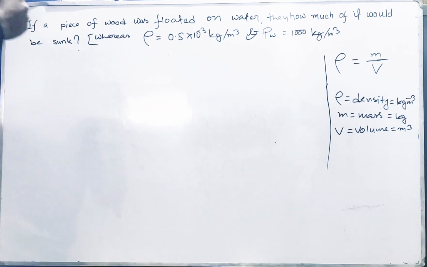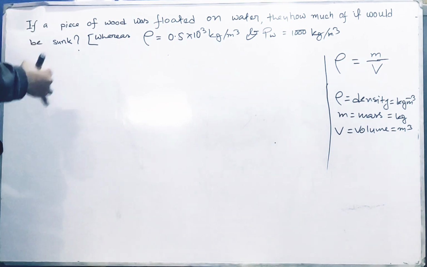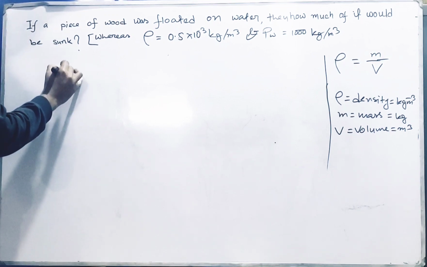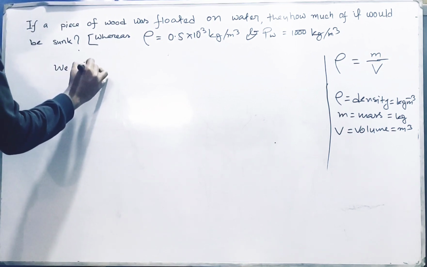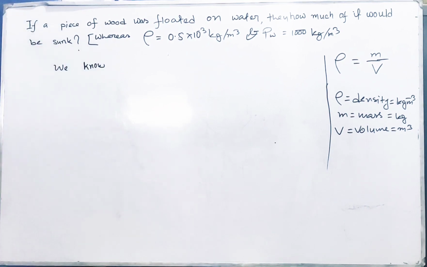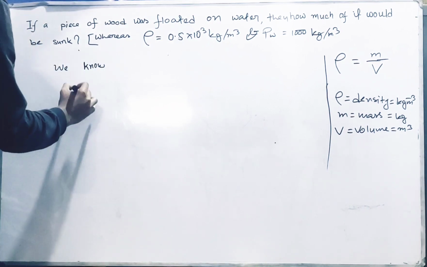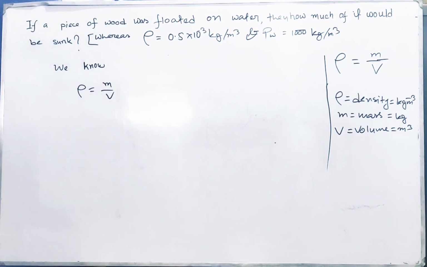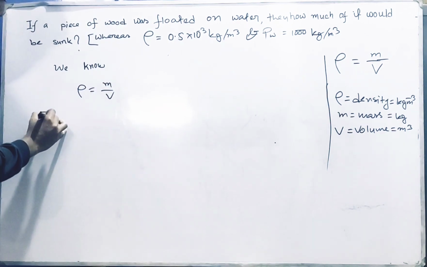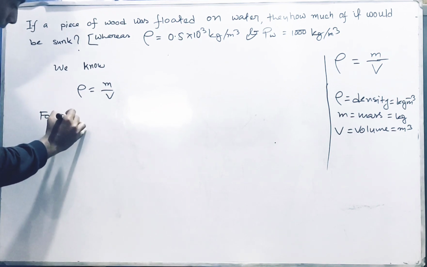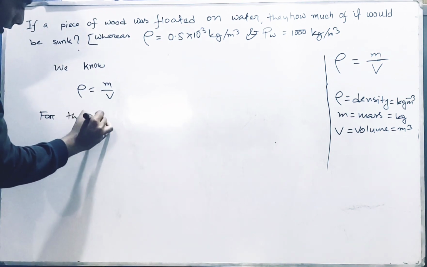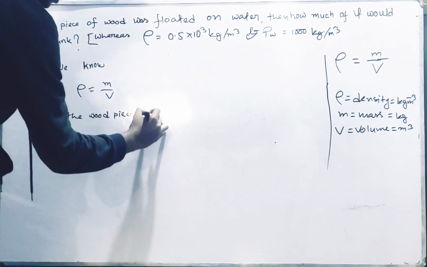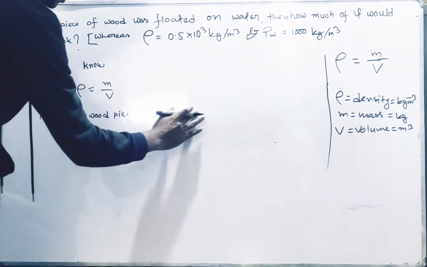Okay. Now I'm going to write this and I'm going to solve this. We know rho equal to m by v, and we will write for the wood pitch m equal to v rho.